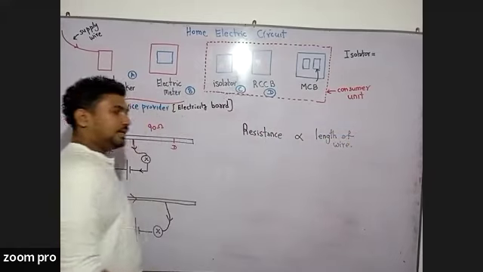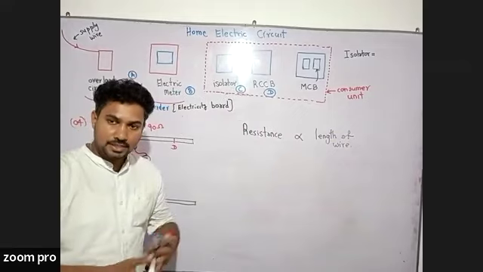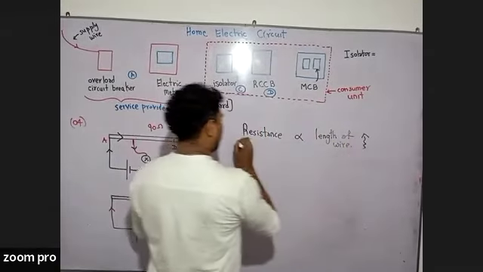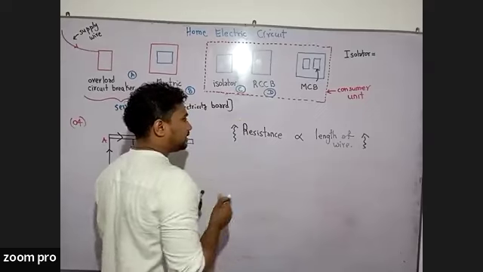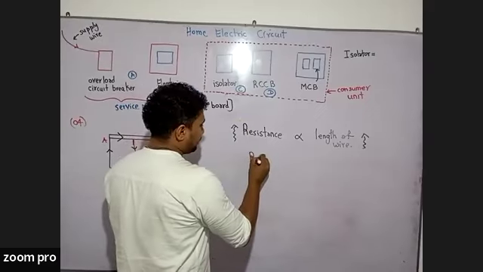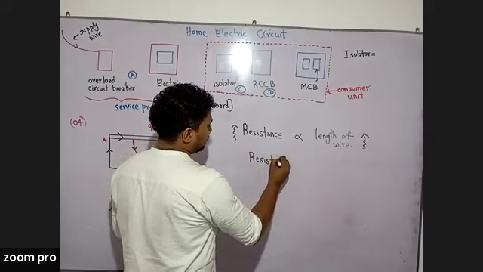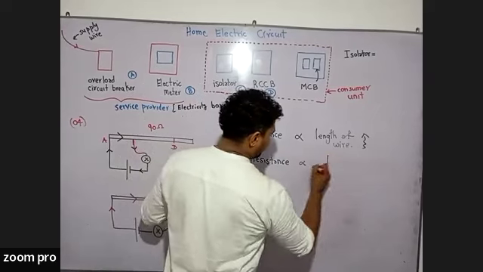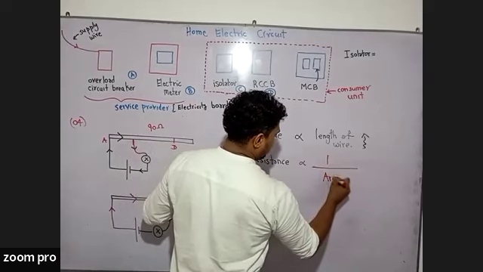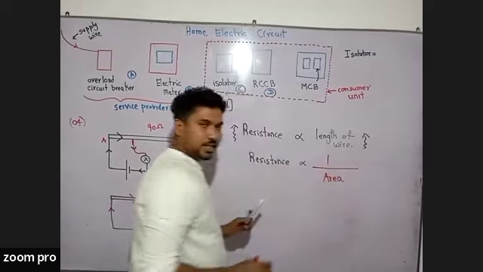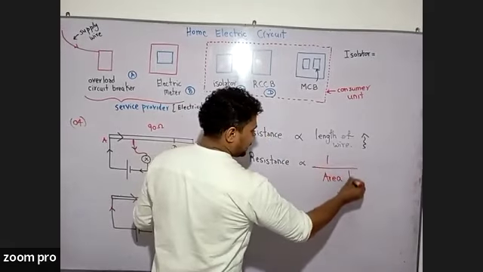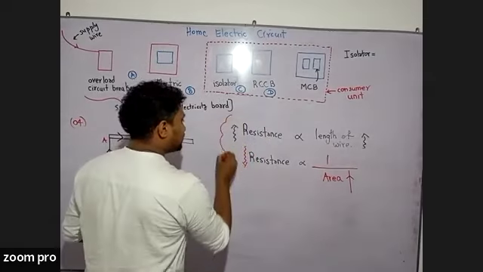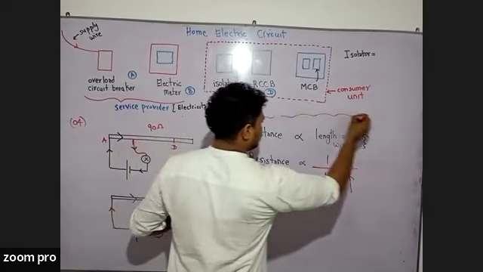That means when the length of the wire is increased, resistance also is increased. On the other hand, resistance is inversely proportional to the area. Inversely proportional means when the area is increased, what happens to the resistance? It is decreased. So keep in mind those things, right?